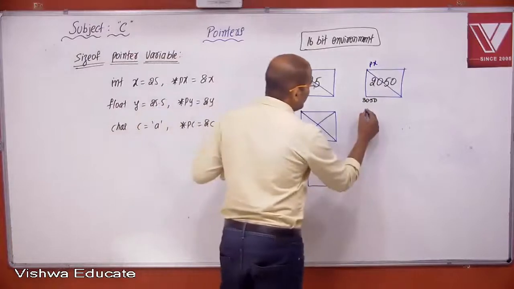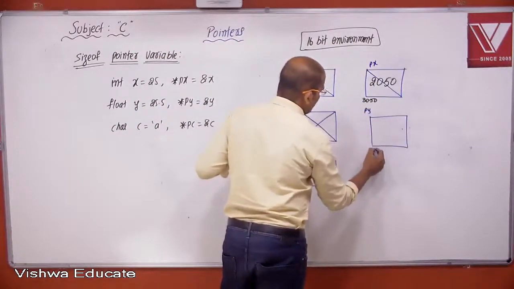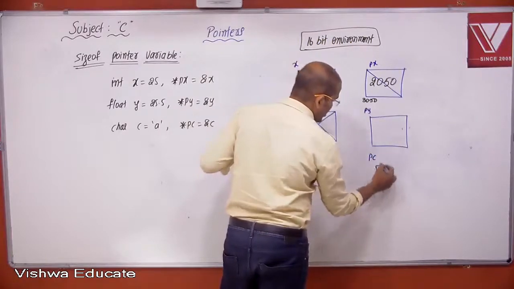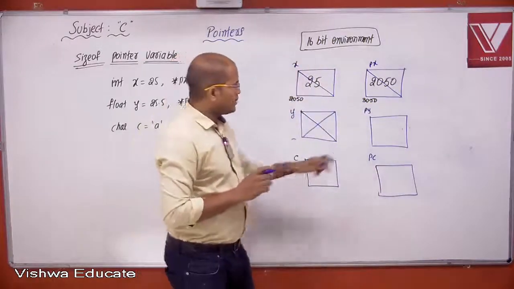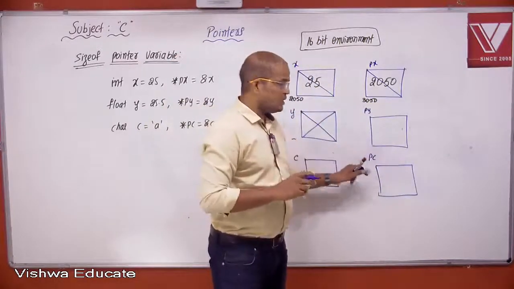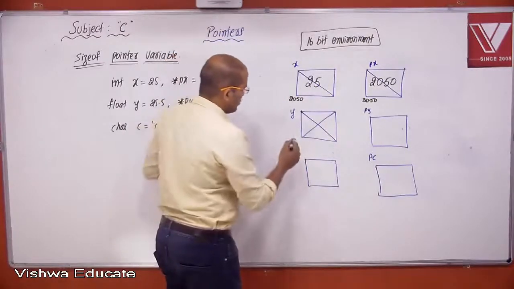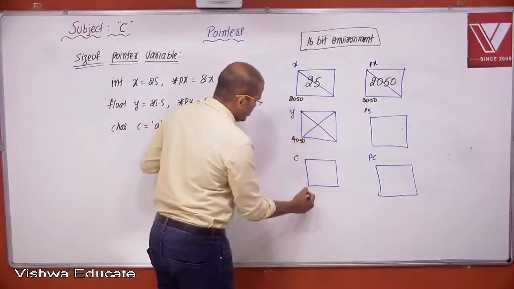Now let me speak of your py and pc. The question is, how many bytes does py take? How many bytes does pc take? Assume that the base address of y is some 4050 and this is some 6050.